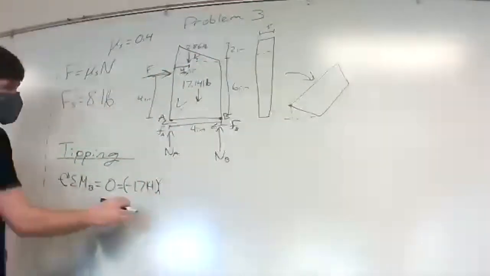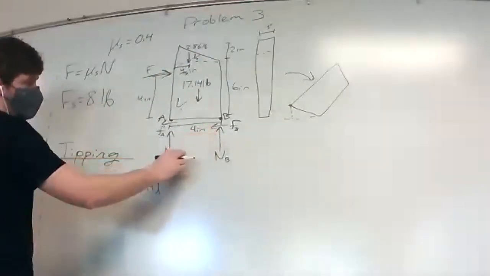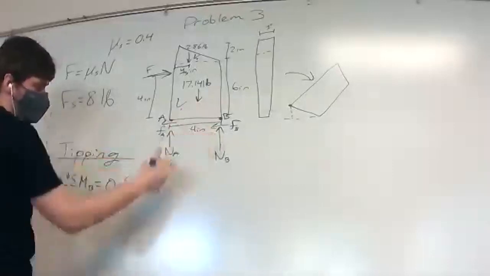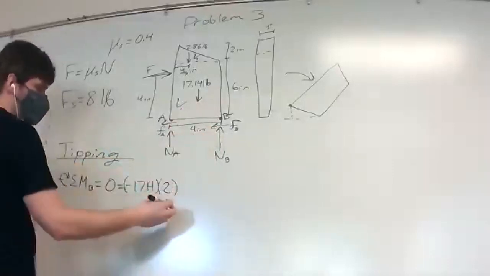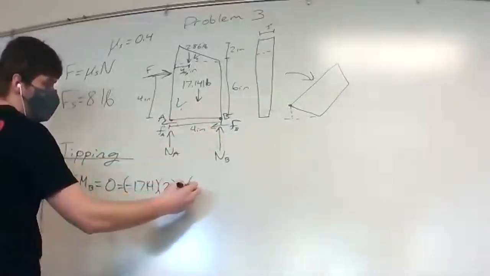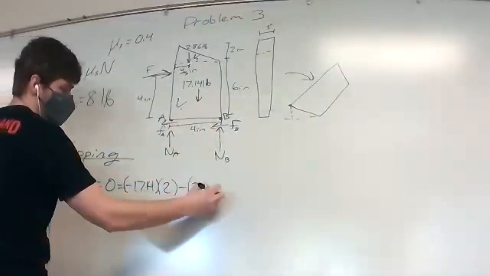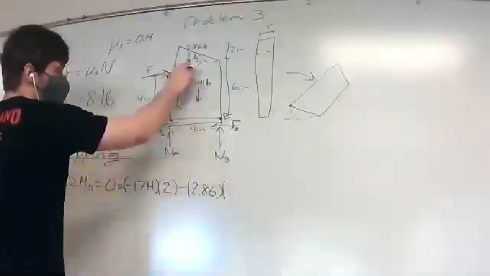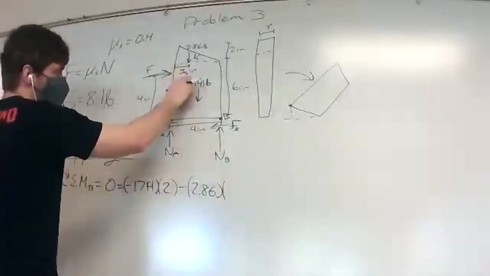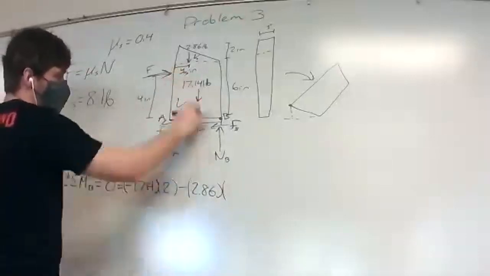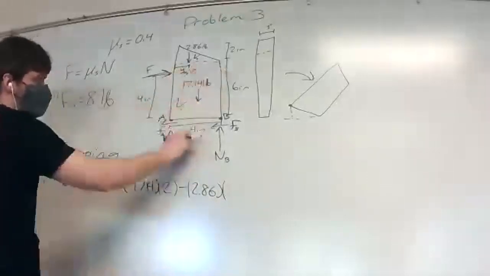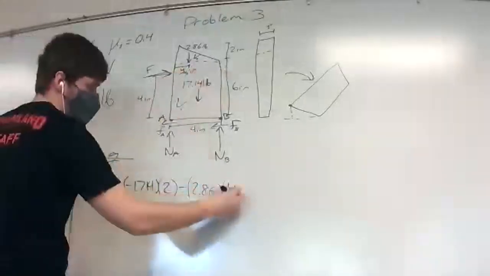So we have minus 17.14 times the distance, and we'll have minus 2.86 times the distance to this point, which we know, if this is 4/3 of an inch, this distance from here to here is 4 minus that.